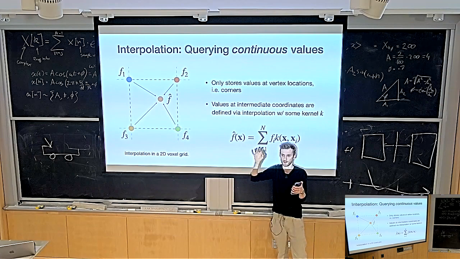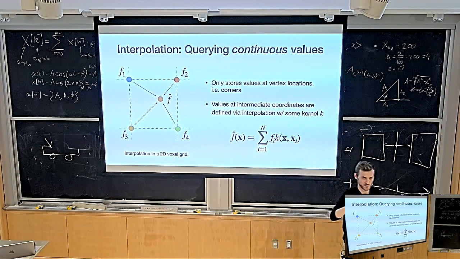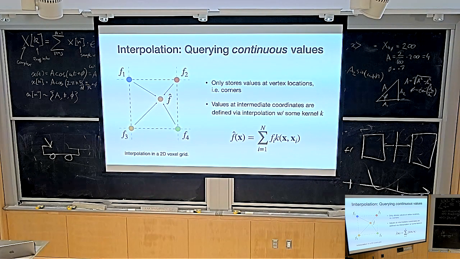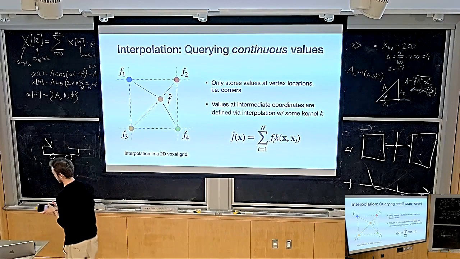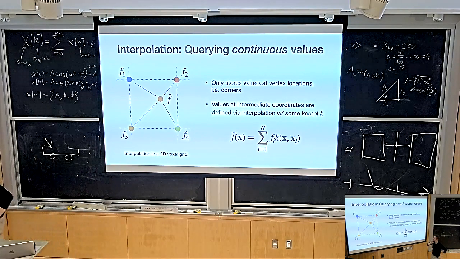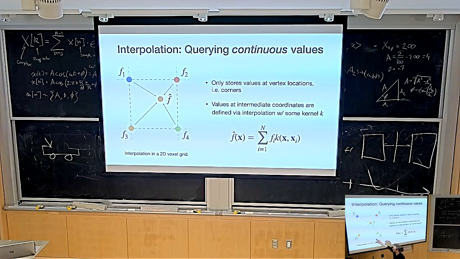Have you seen this formulation before, as interpolation kernels? You're nodding? Yes, no? Okay, so this is something that's useful to understand in computer science in general. So we're going to go through it in a little bit more detail. You know bilinear interpolation, right?